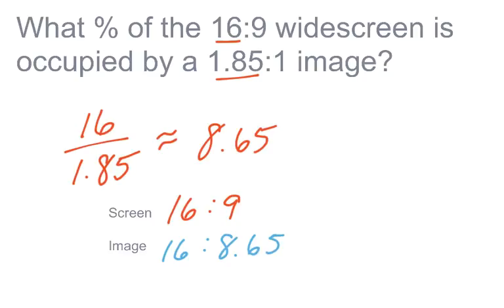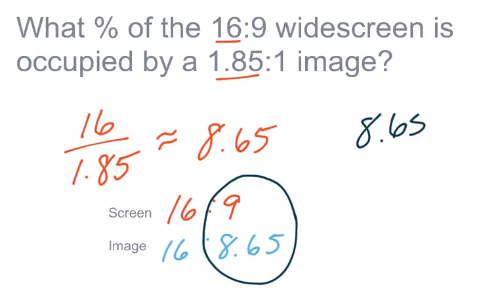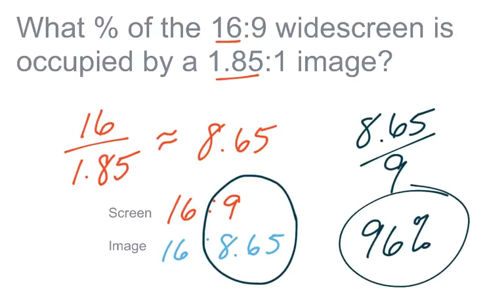And so you'll see here that the only difference in these is these two measurements of the height. So we can just take 8.65 divided by 9 and we'll see that 96% of the screen is occupied by this 1.85 to 1 image.